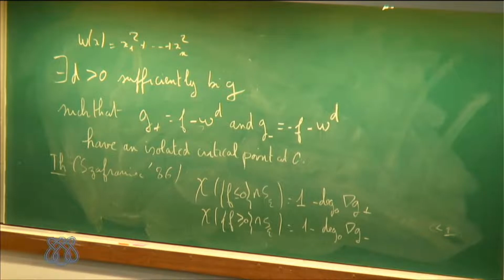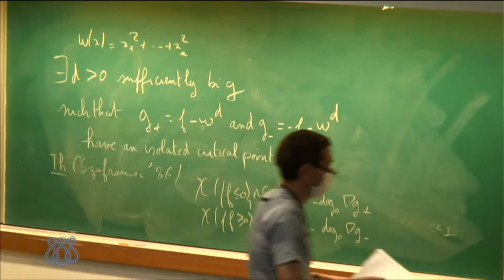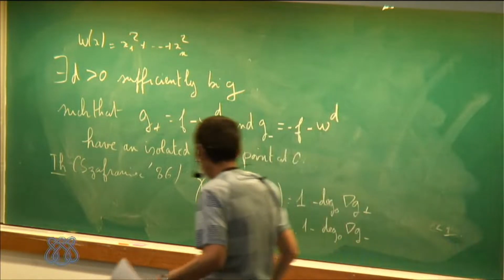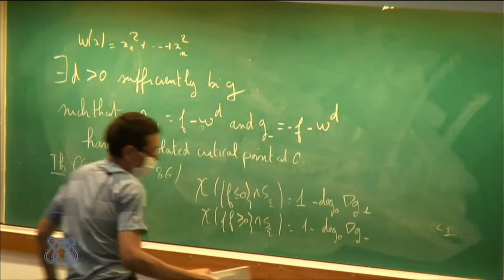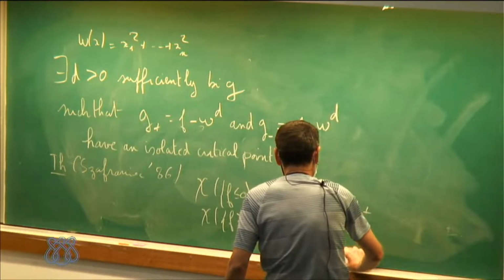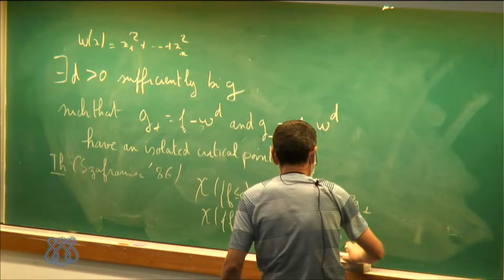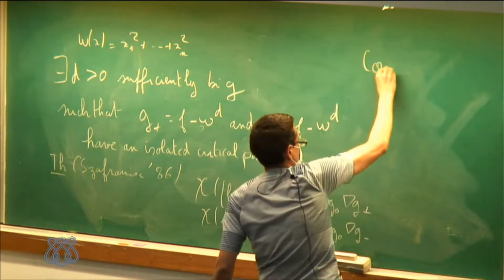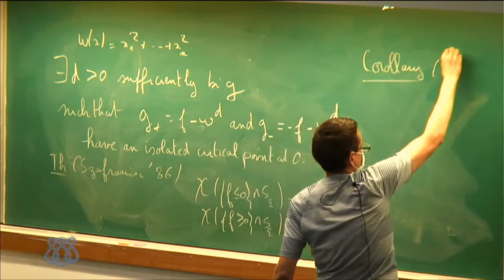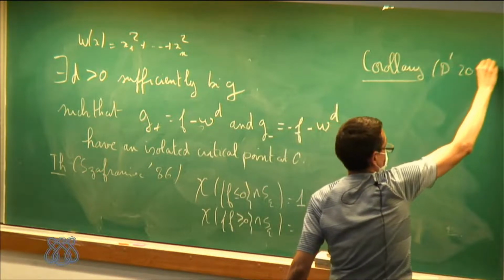So now you have everything to get a formula for the Euler characteristic of the Milnor fibers. Just combine the two results. It's nothing. So corollary, proved in 2020.